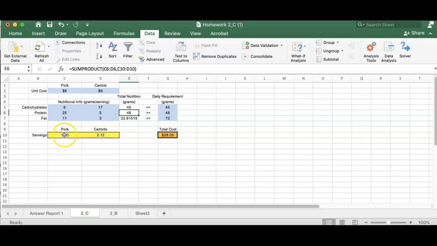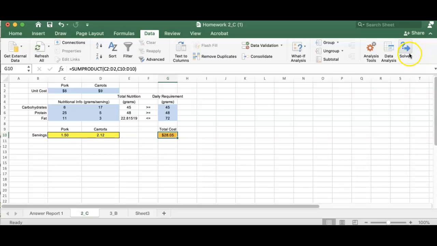And these are going to be the ones that change off of our linear program. As we have this SUMPRODUCT in here, that gives us our total product, C2 and D2 times C10 and D10.